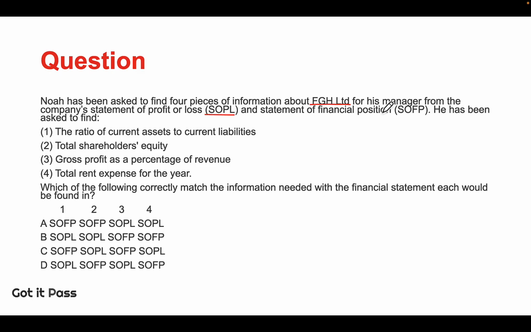There's SOPL and SOFP. He has been asked to find, first, the ratio of current assets to current liabilities. Second, the total shareholders' equity. Third, gross profit as a percentage of revenue. And fourth, total rent expense for the year. Which of the following correctly match the information needed with the financial statement each would be found in?